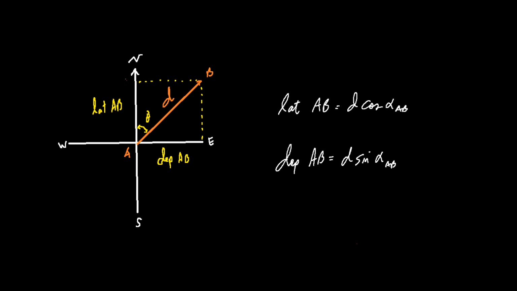On the other hand, the departure of line AB is equal to the product of the distance or length of the traverse line and sine of the bearing of AB, in this case denoted by angle theta.